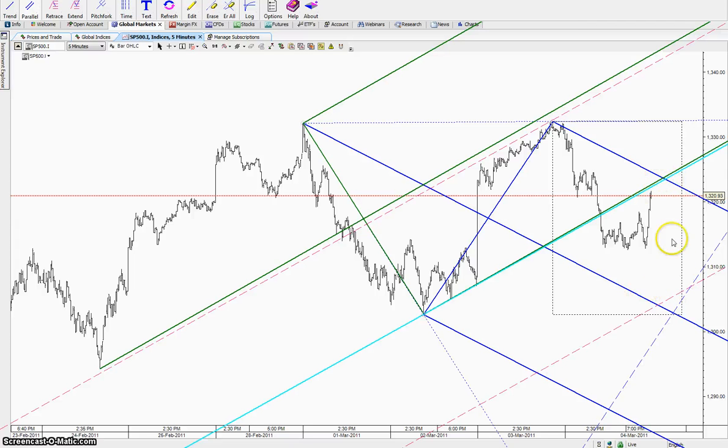If it doesn't get back up here, this line here is going to be the place where it's going to head for. Or that would be one channel down, and you'd see if there was support there.